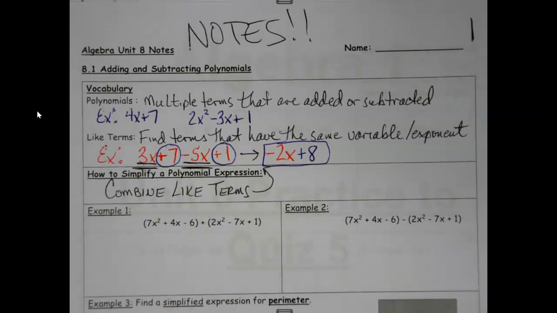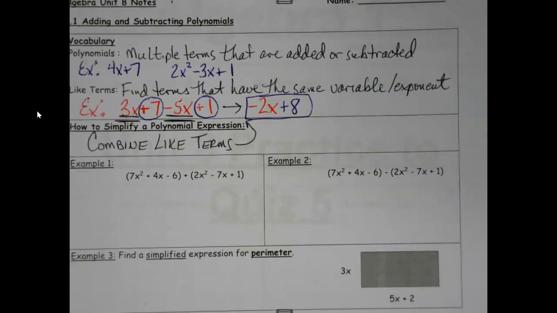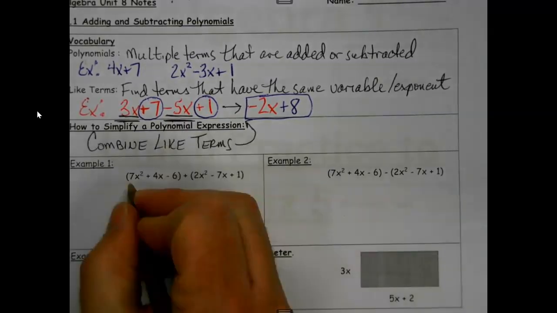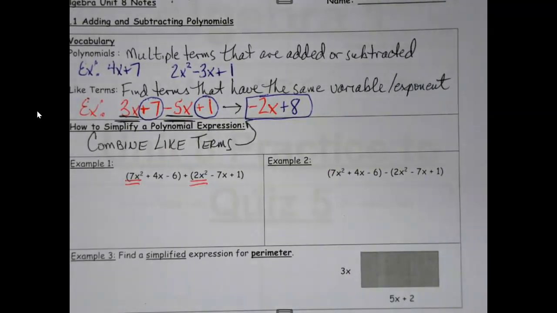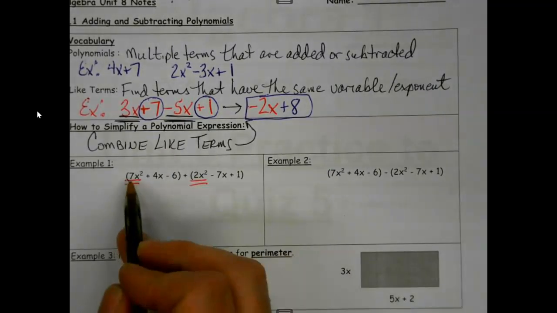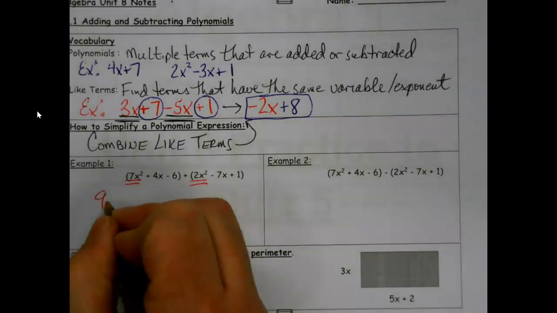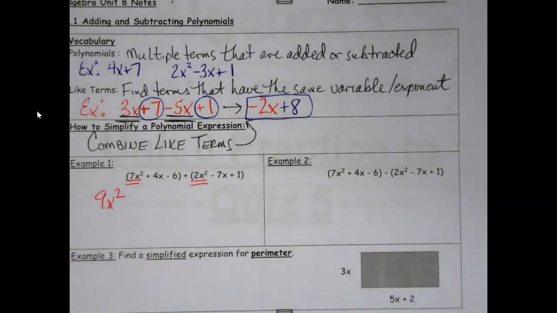So here's the deal. If you see a plus there, that plus isn't going to change a sign of anything. So if we wanted to, we could just start combining our like terms right away. So 7x squared and 2x squared is 9x squared.